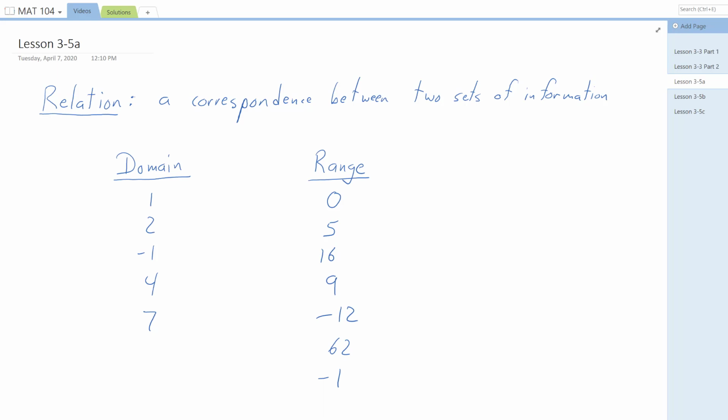Now in math, we're mostly talking about relations between numbers, but they don't have to be, and you'll see some examples in your book that aren't. But let's see what we mean by this idea of a correspondence between two sets of information. The two sets of information are called domain and range, and our correspondence is always taking things from the domain and relating them to things in the range.